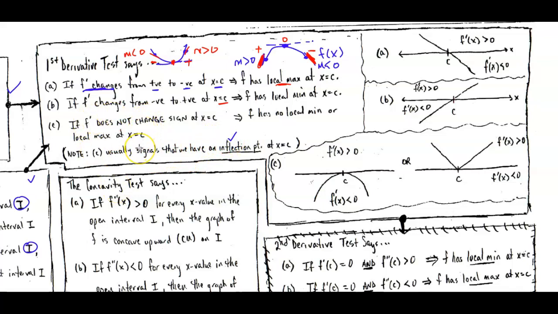An example of what this may look like for that third case is as follows. Let's say we had a function that looked like this, or a function that looked like this. Basically what I'm trying to draw here are monotonic functions, where my function is either always increasing or always decreasing.